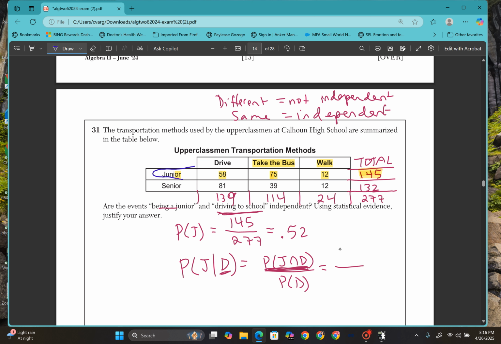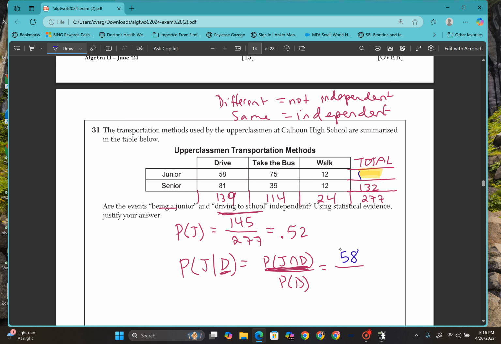Here are the number of juniors. Here are the people who drive. So the one that overlaps in both is 58. So 58 are juniors who drive. That completely makes sense, I hope. And then we want to look at the probability of people who drive altogether.